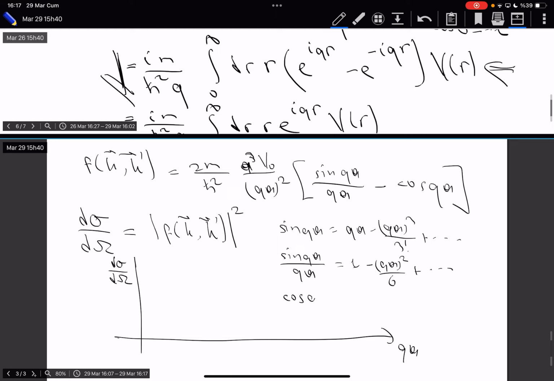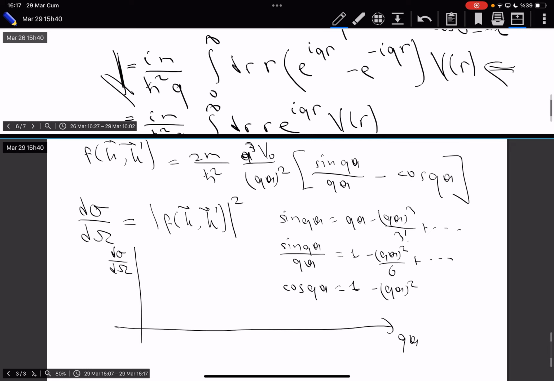We have cosine QA is 1 minus QA squared over 2 plus etc. So when QA is equal to 0, this is just some finite number. Then it goes to 0 at some values. Then it increases, goes to 0. Due to this 1 over QA squared, it eventually goes to 0 as QA is increasing.